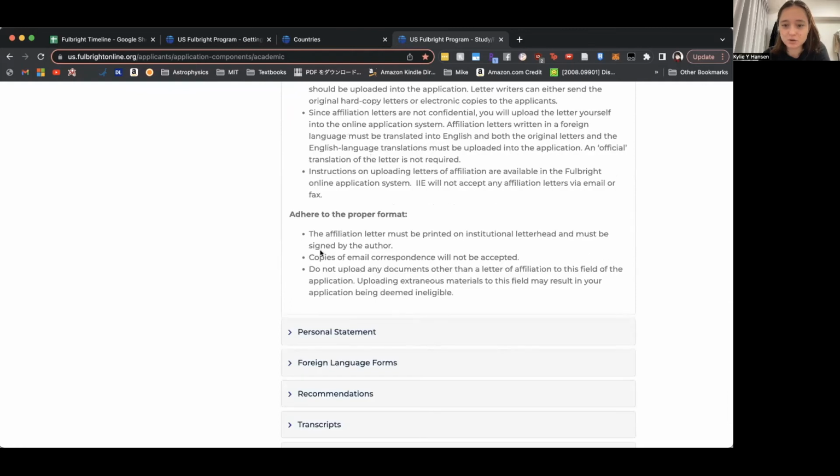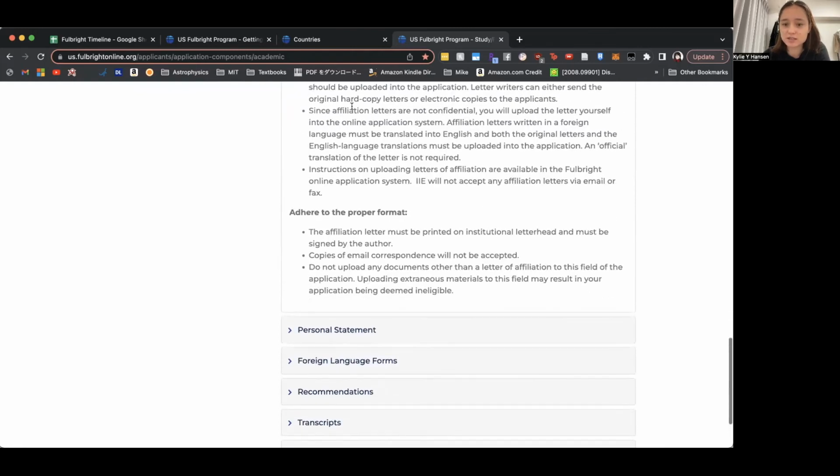So here's the stuff that you will need to send to your mentor. The affiliation letter must be printed on an institutional letterhead and must be signed by the author. You can't get just a copy of email correspondence. It needs to be an actual letter, scanned, and then sent.